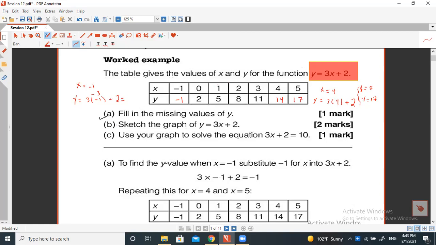Actually, to sketch the graph, you don't need to make all the table like this. All what you need is 2 points or 3 points. 2 points is enough, and the third point to check.